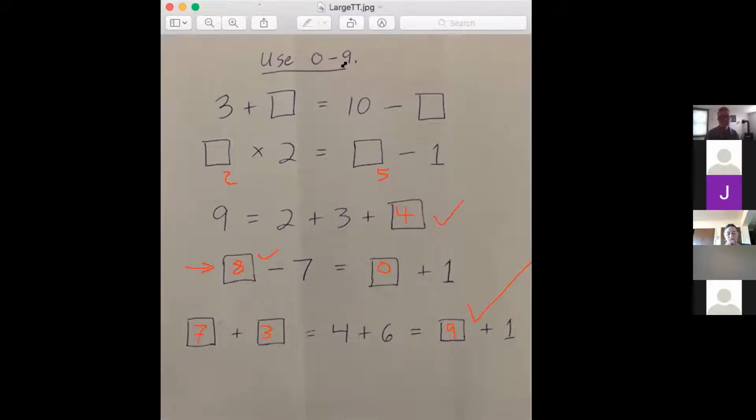Can we do a process of elimination on this guy in the second row?